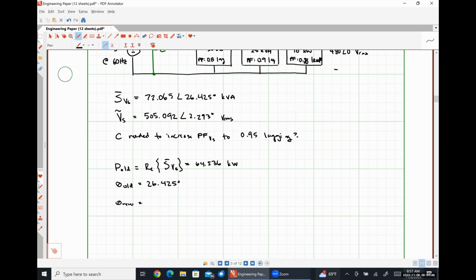Do we have theta nu? Yep, absolutely. Inverse cosine of 0.95, which is 18.195 degrees.